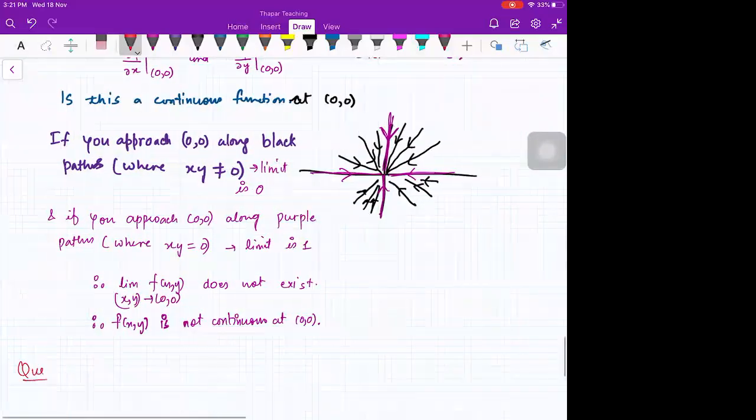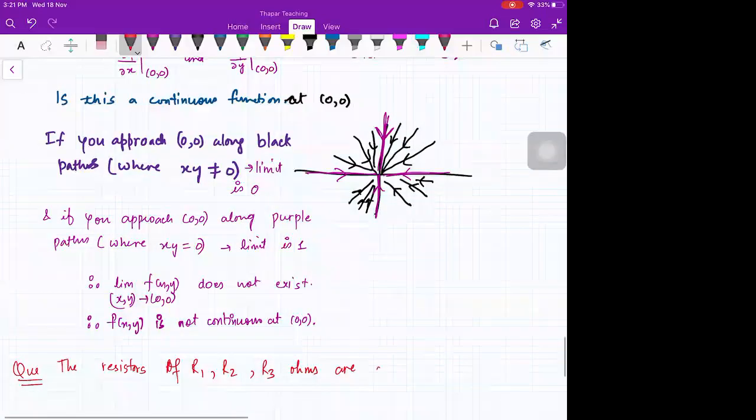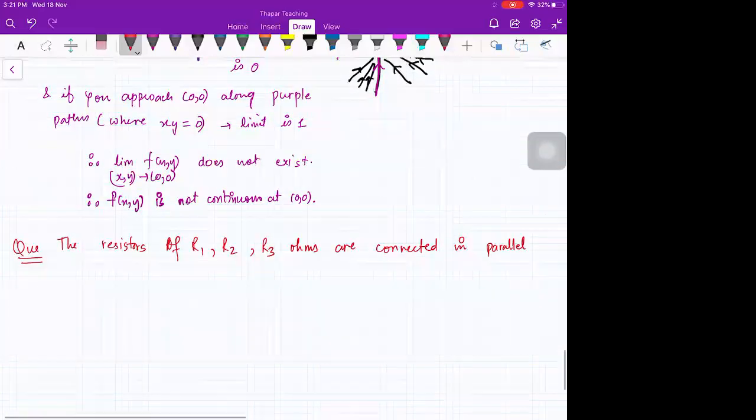Everybody can try. The resistors R1, R2, R3 ohms are connected in parallel to make an R ohm resistor.